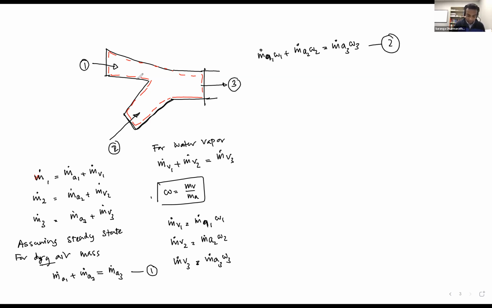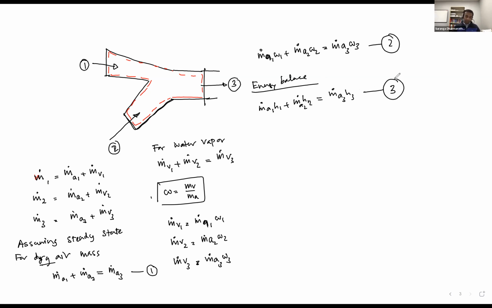And then we can also write the energy balance. No heat or work is involved in it. So I can write m dot A1 H1 plus m dot A2 H2 equals m dot A3 H3. This is my third equation. So I can write those three basic equations.